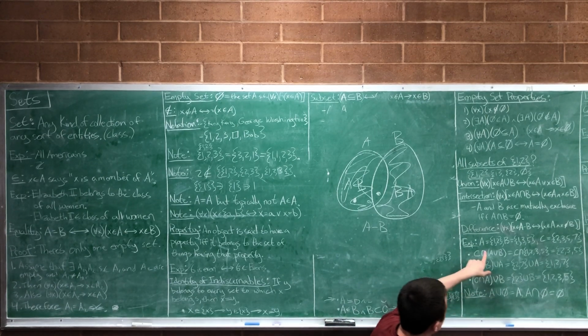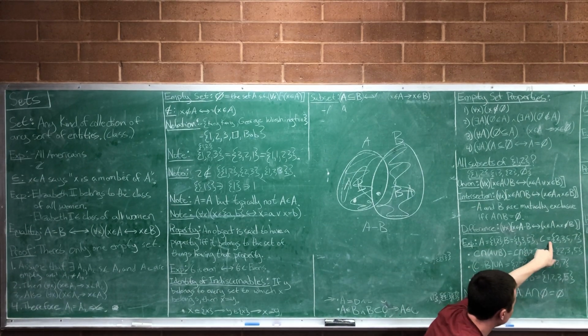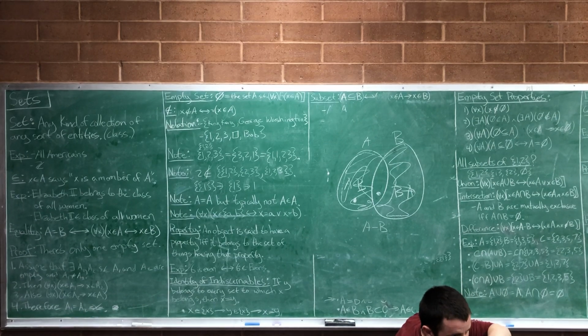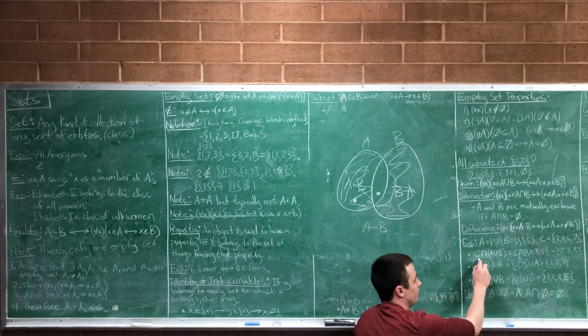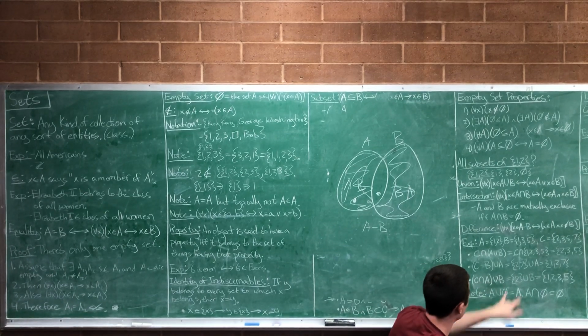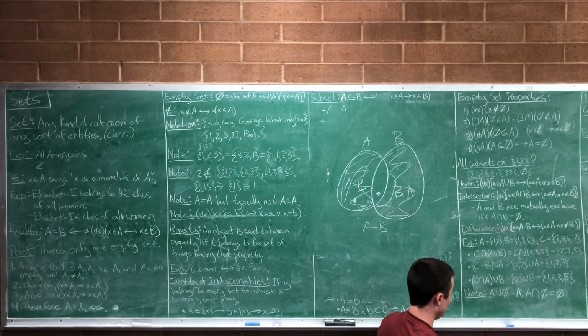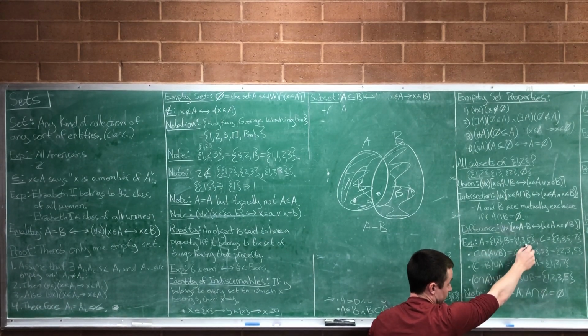So some quick examples, make sure this is all making sense. Let A be the set 1, 2, B be the set 1, 3, 5, C be the set 2, 3, 5, 7. So C intersect A union B. Well, what is that? Let's look at what's A union B. A union B is everything in here or here.